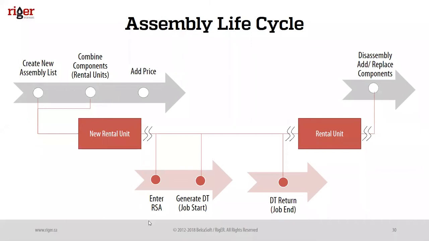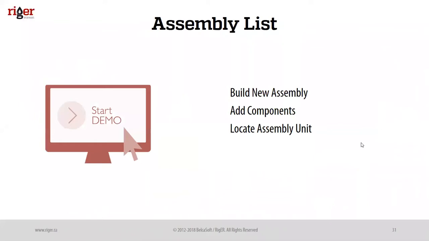And in this case, we generate rental service agreement, generate delivery ticket, generate end job, and we return the rental unit. To disassemble it or add or replace component, we need to run a new assembly list. Okay. So let me show you the very simple assembly list.